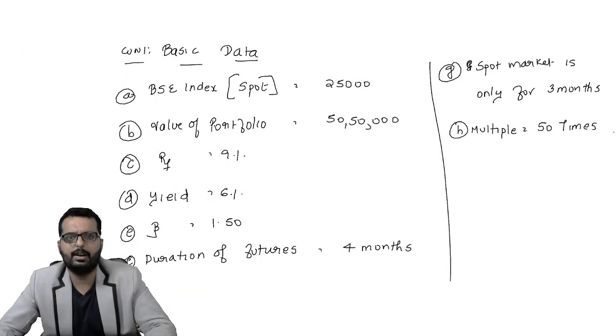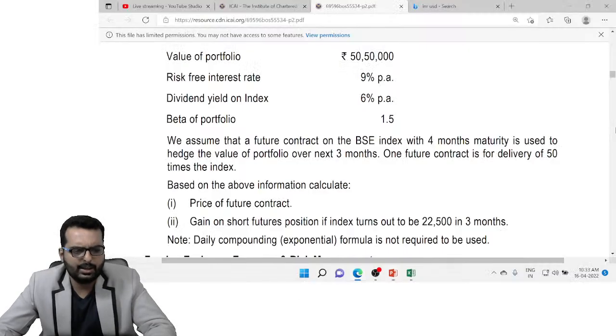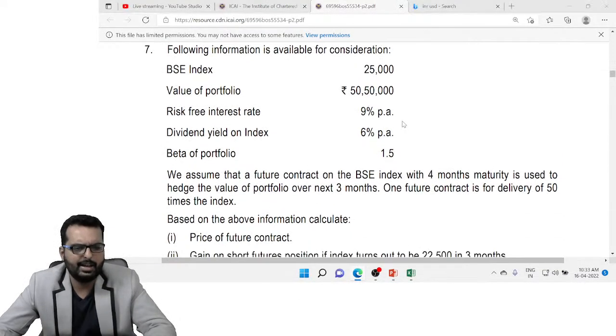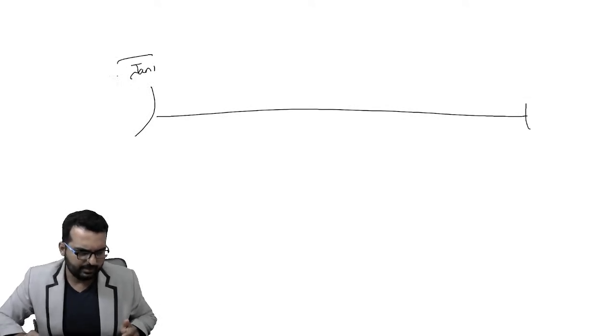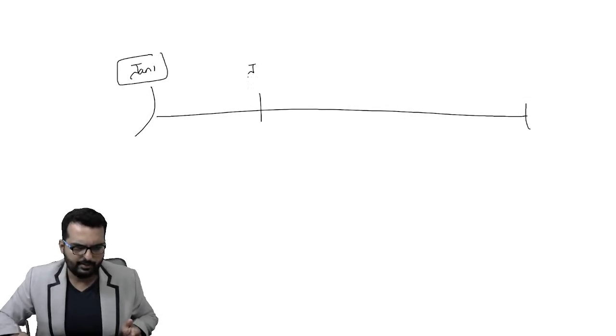Friends, I believe you are done writing this. Okay. Now I'll tell you what the main concern over here is. I'll just draw a chart and explain to you. Suppose today is January 1st. Then I will have Jan 31st.